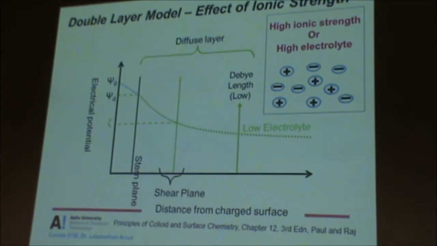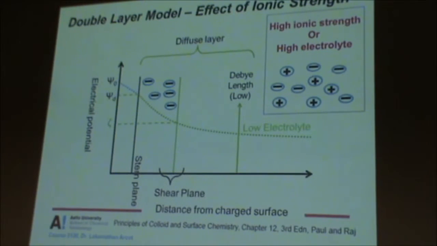So now these ions are going to accumulate here, because this region is where the counter ions accumulate. You have only selectively negative ions, assuming this is a positively charged surface. Because there is an increased number of ions in this region, what do you think will be the rate at which the potential falls here?